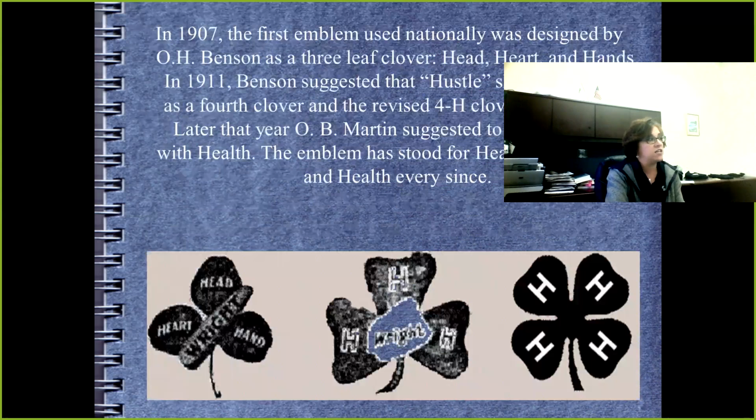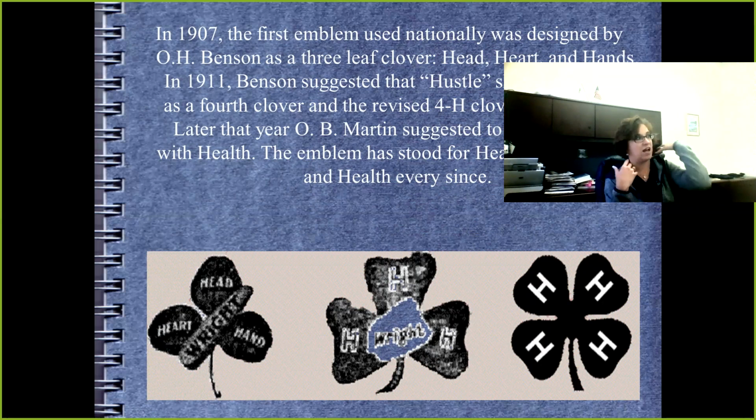Then in 1907, the first emblem was used nationally, designed by O.H. Benson. It was a three-leaf clover, for heart, hands, and head, sorry, head, heart, and hands. In 1911, he suggested that hustle be added as a fourth H and make it a four-leaf clover.